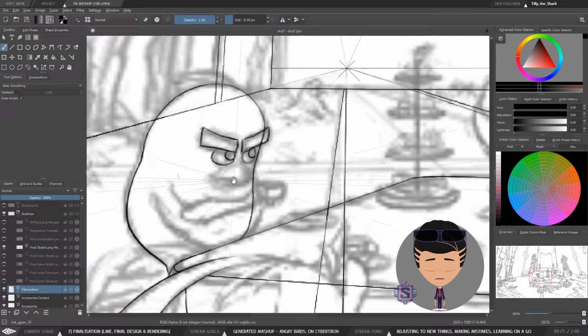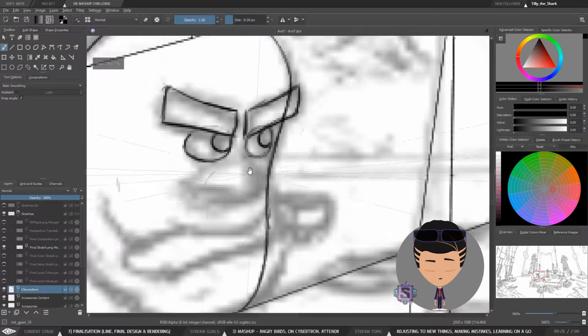I am actually prepared for the fact that this could look even worse than it already looked on my sketch, because again, going into the next stage, it's always a harder thing to properly make.